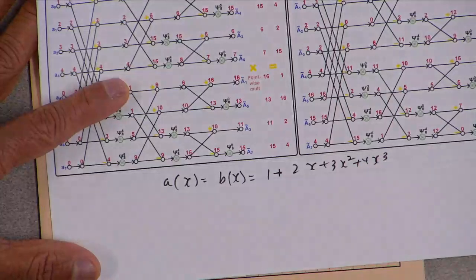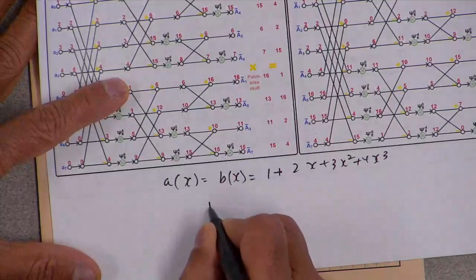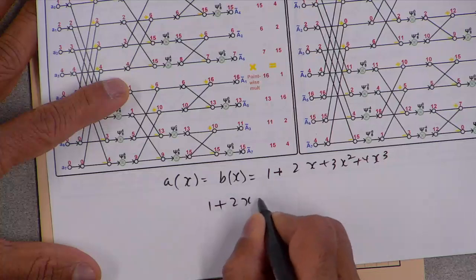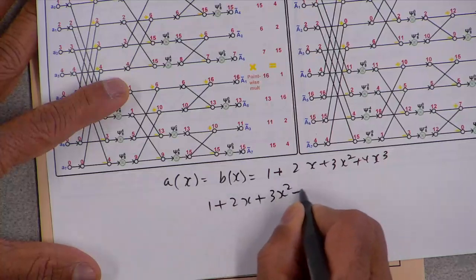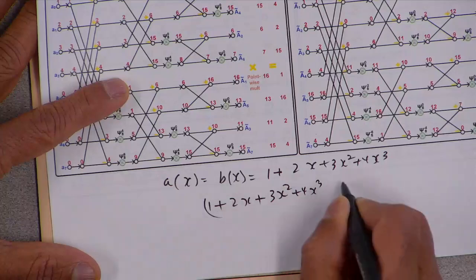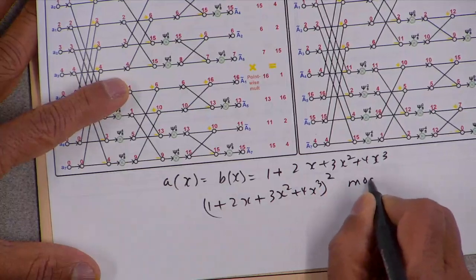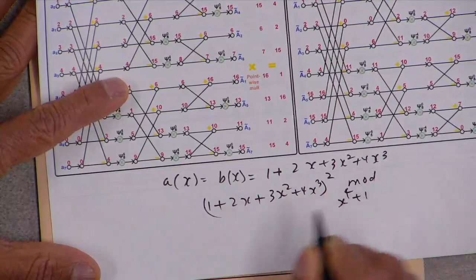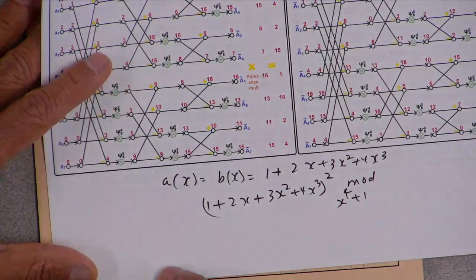That's kind of what I started with, and what we are then computing is 1 plus 2x plus 3x squared plus 4x cubed. A times B becomes whole squared mod x to the power 4 plus 1, and that's what we are computing.